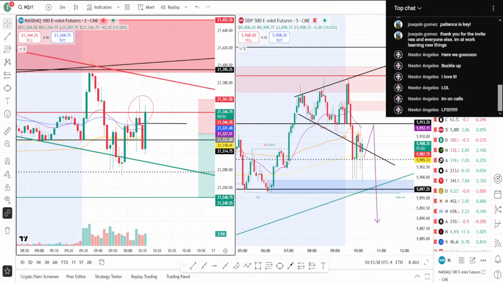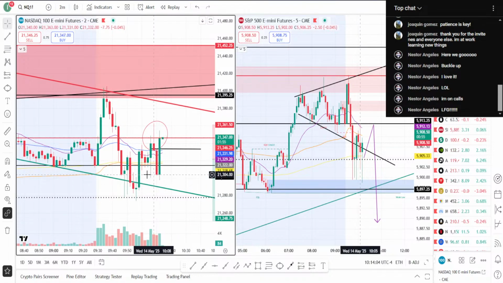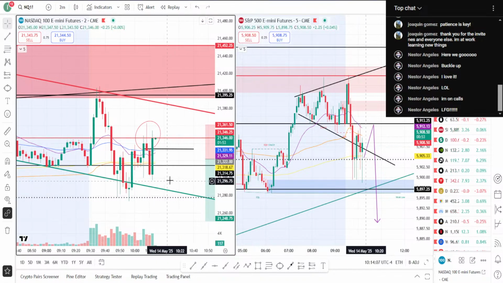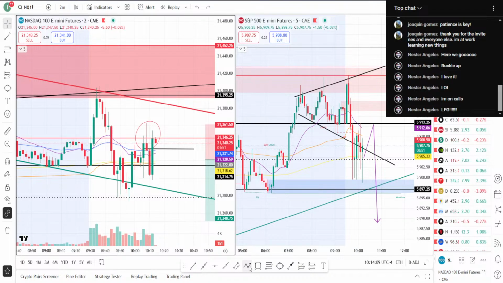We had strength from the sell side. So what this means is basically they're gonna reverse it, they're gonna rip it up, or it's gonna chop around here some more because it's looking like there's another range.